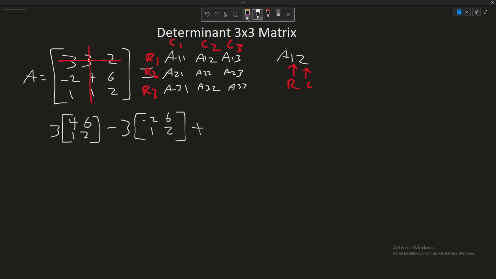Then you add, and we will have column 3, row 1, and we're left with these 4 numbers here. So we have -2, since this number is -2, and the matrix -4, -2, 4, 1, 1.